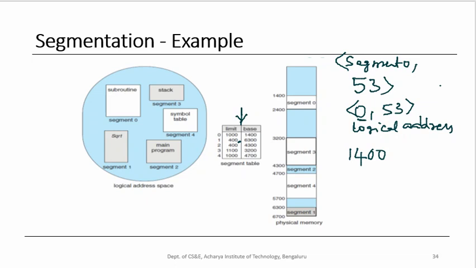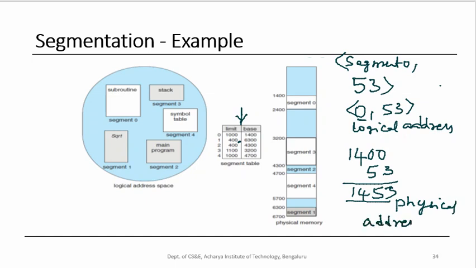That is 1400. I add 53 to that, so I get 1453. This becomes a single physical address. Here, though the logical address has two parts, it gets converted into a single physical address, which is used to refer to a particular byte, the 53rd byte in segment 0.